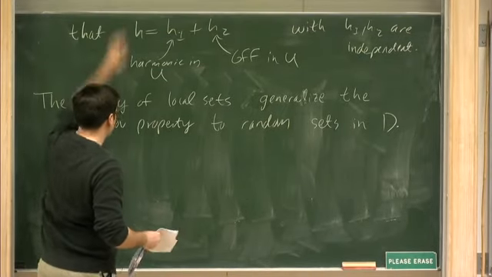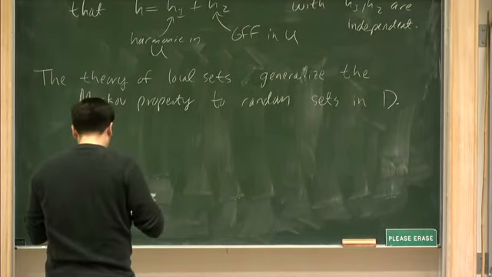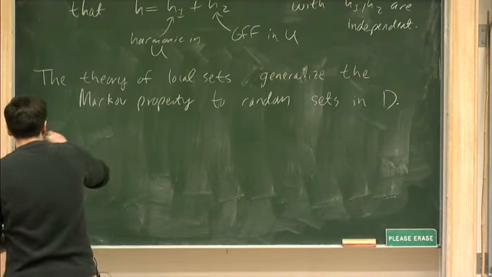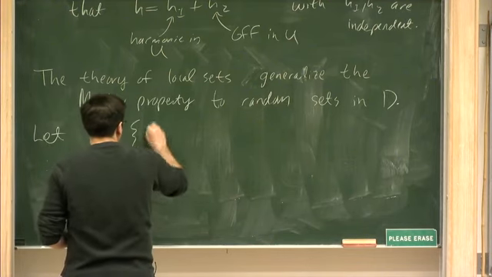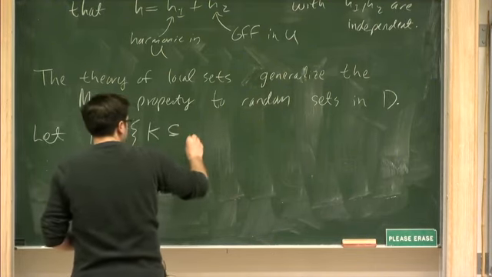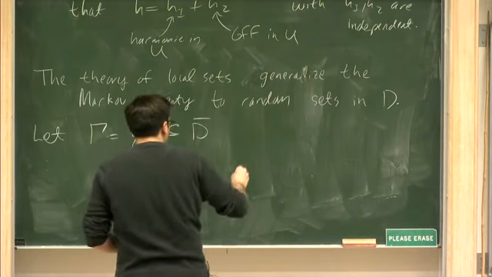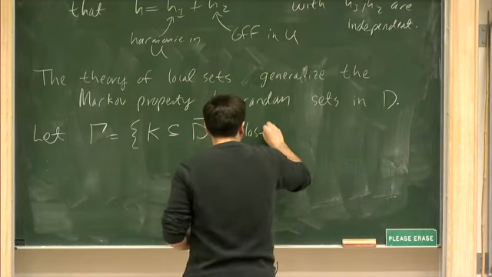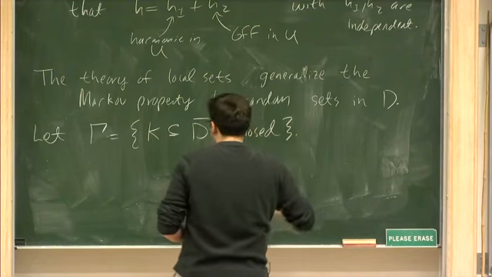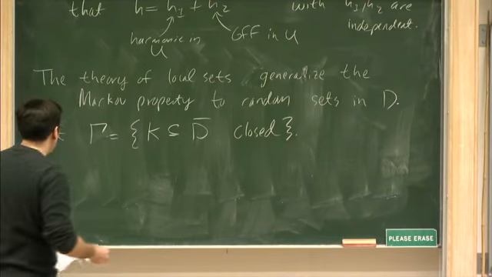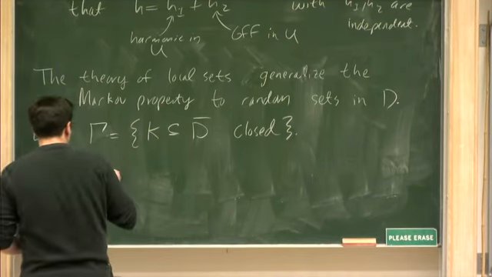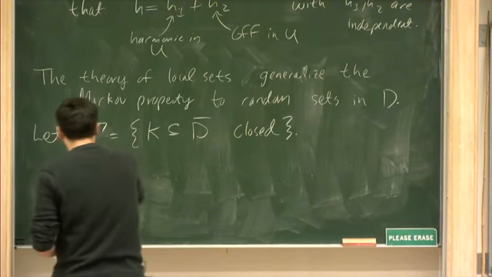Okay. All right, so let me just introduce a little bit more notation now. So I'm going to let gamma be the set of all closed sets in the closure of D. And I'm going to equip this with the Hausdorff metric.